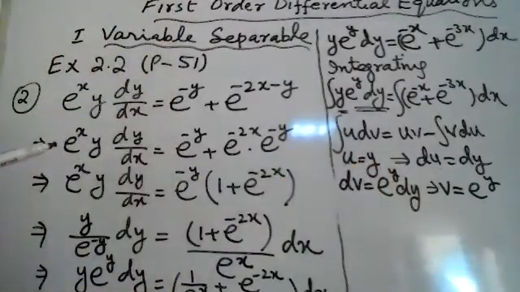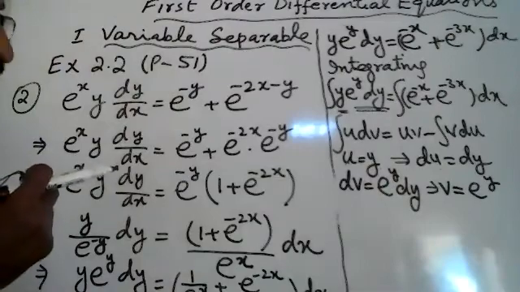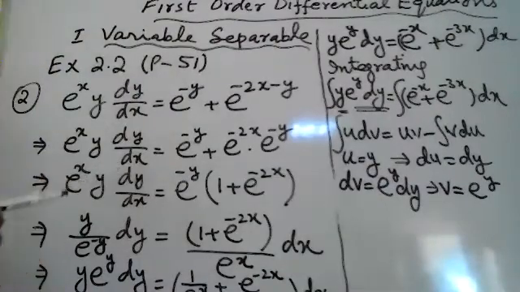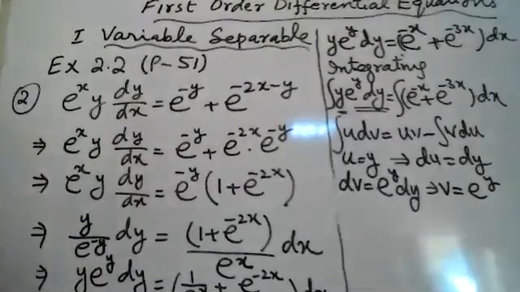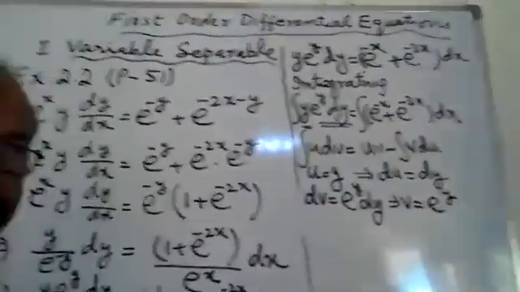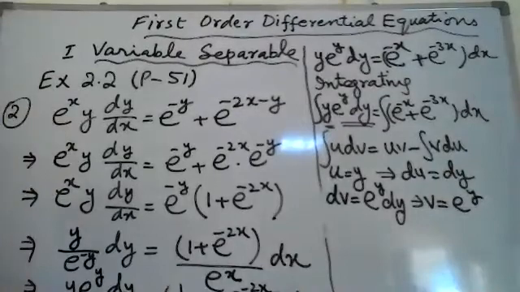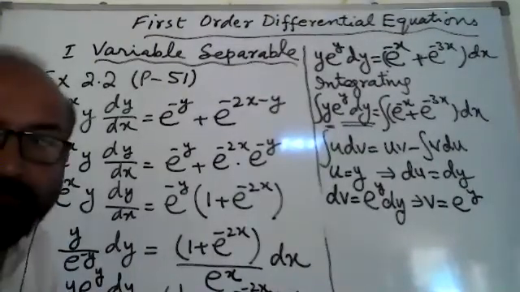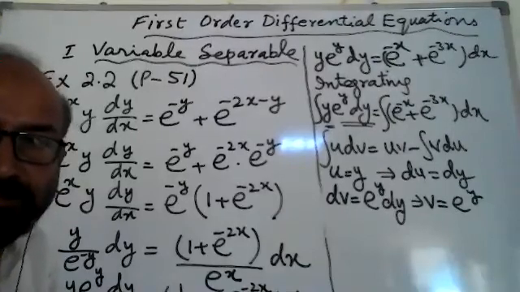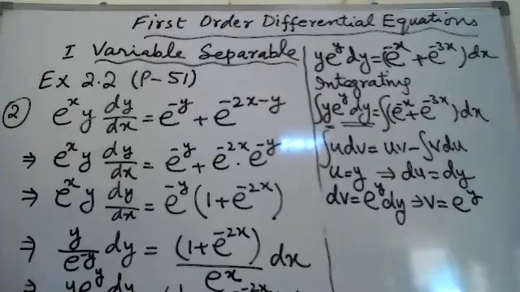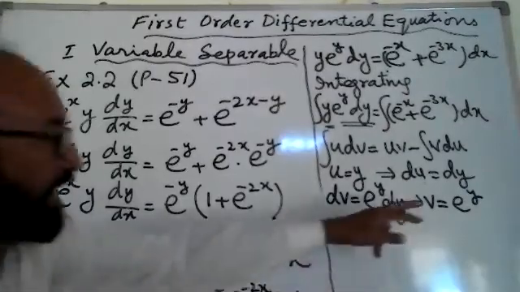The derivative of y is 1, so e raised to power y upon 1 is equal to e raised to power y. So this is dv and this is v.